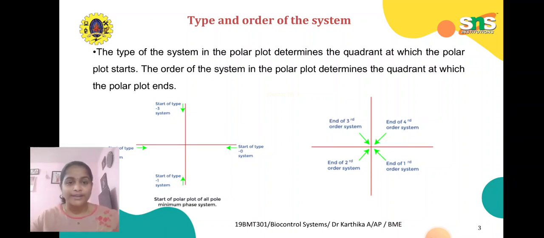So types 0, 1, 2 and 3 go clockwise. Here we have the end of a first order system, the end of second order, the end of third order and the end of fourth order. The type of system determines the quadrant at which the polar plot starts. The order of the system determines the quadrant at which the polar plot ends.